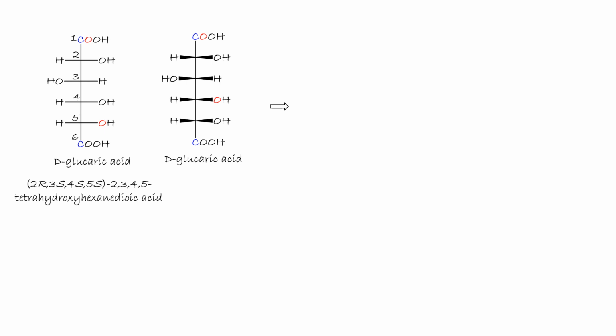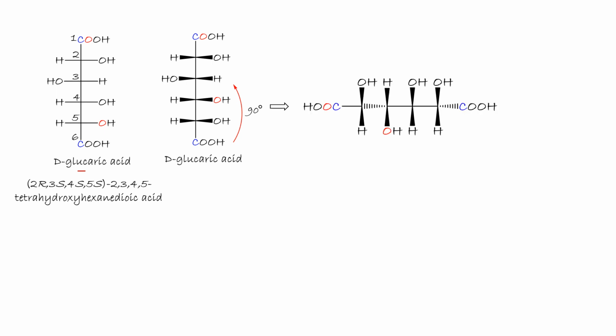Now, if we have the glycaric acid, but we rotate this 90 degrees anti-clockwise, then we get again this structure. We would like the OH to be closer to the COOH in the back.